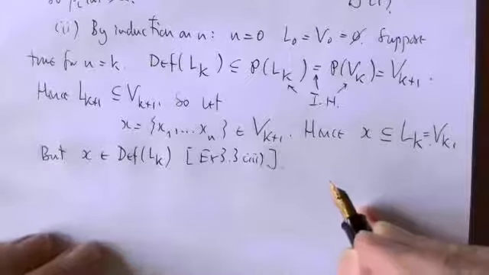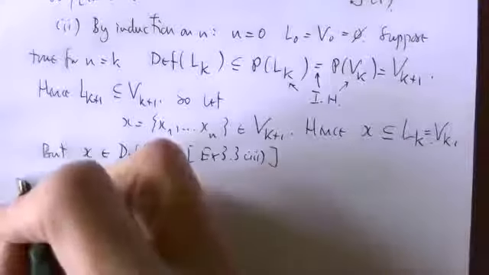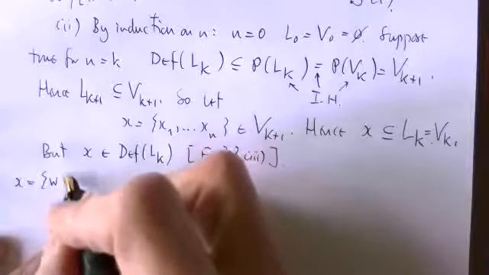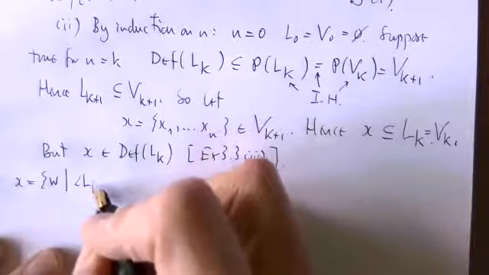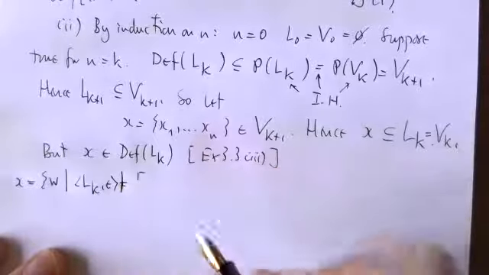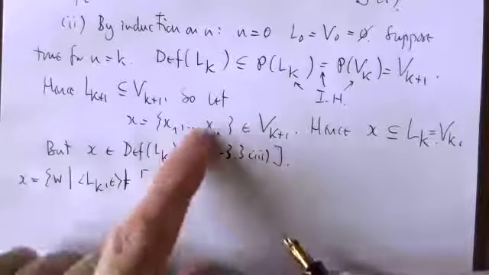If you wanted to write a definition out, you'd say X is the collection of w's such that w has to be one of the xi's.